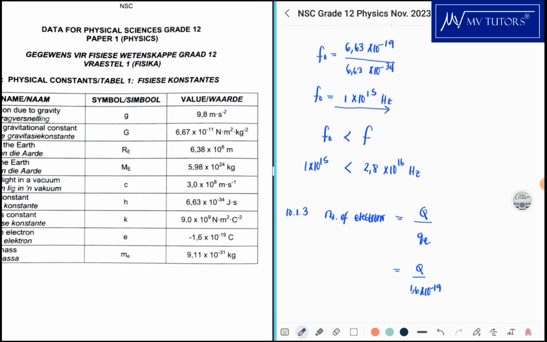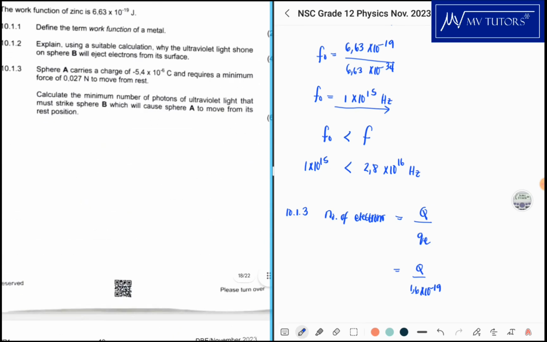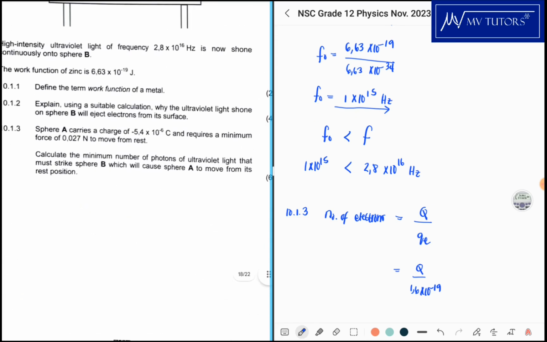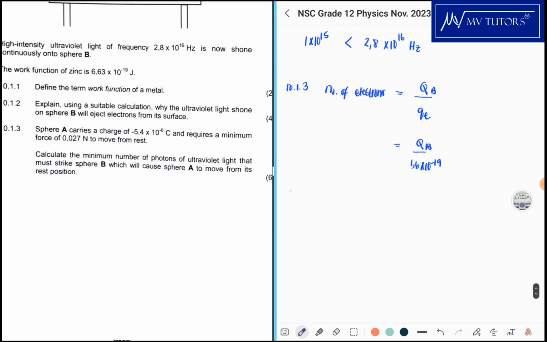So now we need to get this charge. Let's go back to the question. So it says, calculate the number of photons of ultraviolet light that must strike sphere B. So we need to get the charge of sphere B. Okay, and they've given us a force. So let's just write there. We have a force of 0.027 Newton. And we have charge of sphere A, that is negative 5.4 times 10 to the negative 6 coulomb.